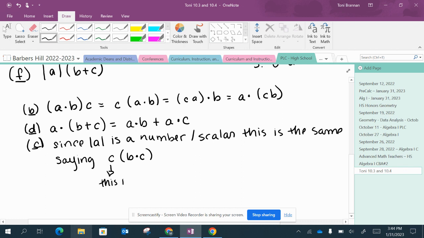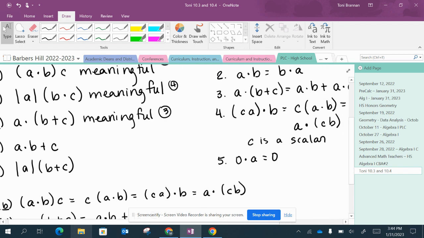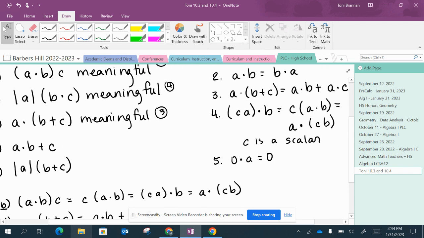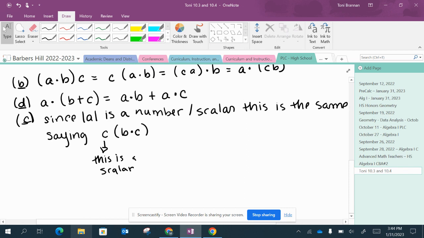This is a scalar. I didn't draw it real italicized. Okay, well, then that goes back to what? That's going to go back to number 4. I've got C, where C is a scalar, times the dot product of A and B. Okay, goes back to 4.